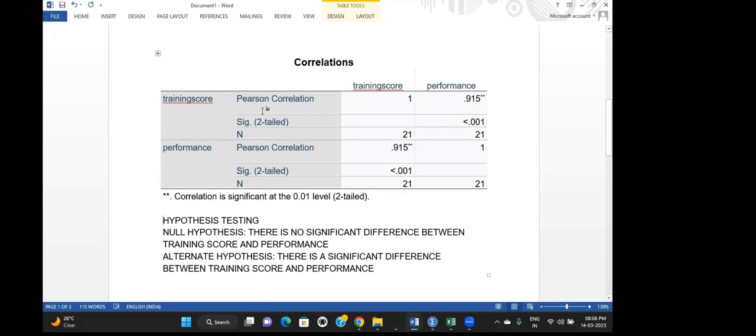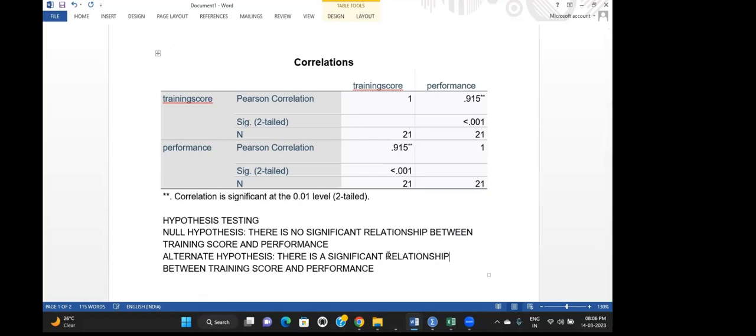So this is what we are trying to find out. There is no significant relationship. The common word is difference.